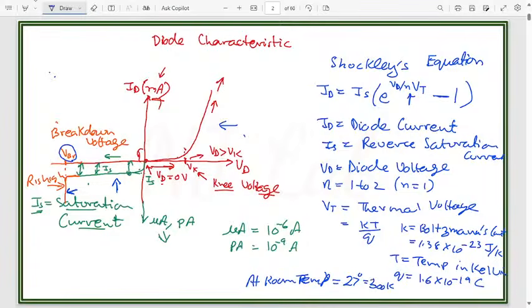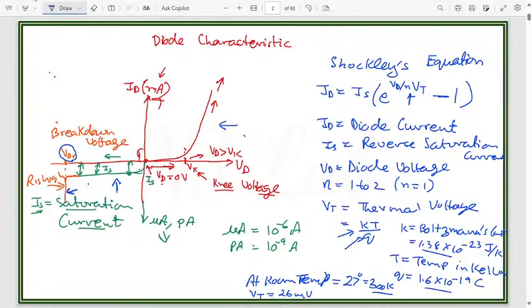If you substitute the value of T in this equation, with k and q being constants, you will get your VT as 26 millivolt. So you can imagine that this VT is quite a small voltage, right?